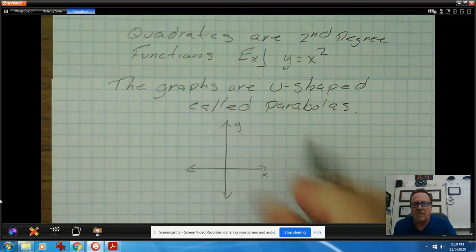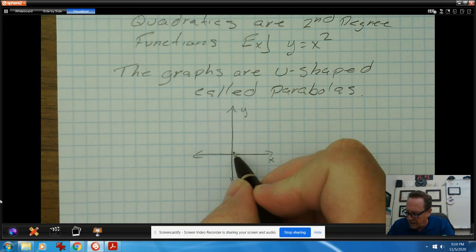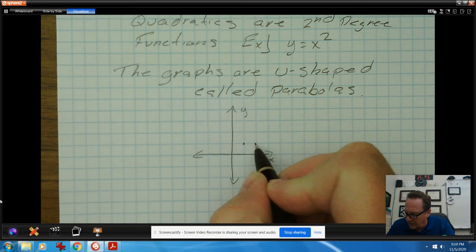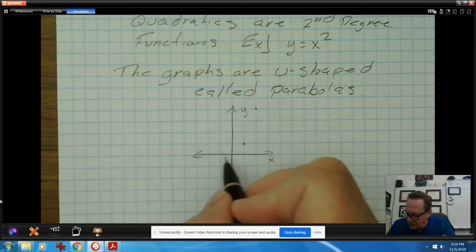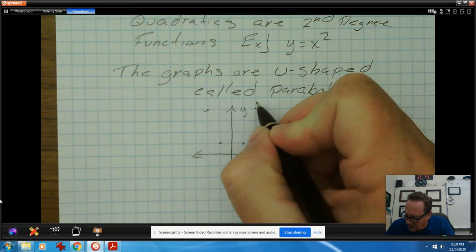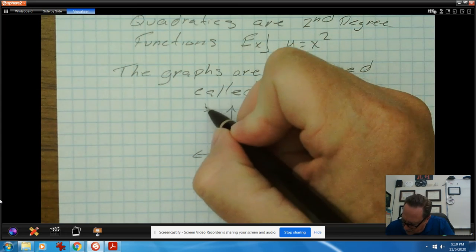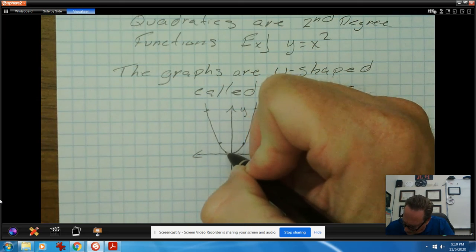So we've got our x and y axes. And a standard parabola would look like this. What do I mean by a standard parabola?